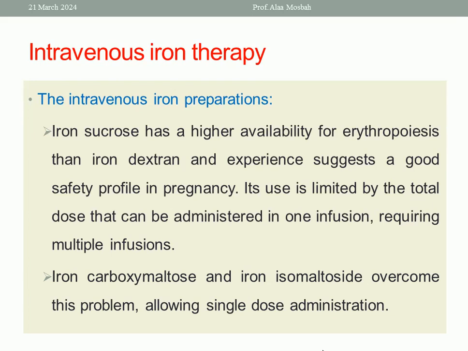But the disadvantage is that its use is limited by the total dose that can be administered in one infusion. If you wanted to give the total dose in one infusion, you cannot. You need multiple infusions. This is regarding iron sucrose, its advantage over dextran, and its disadvantage.